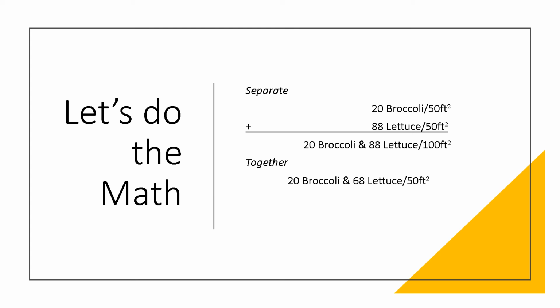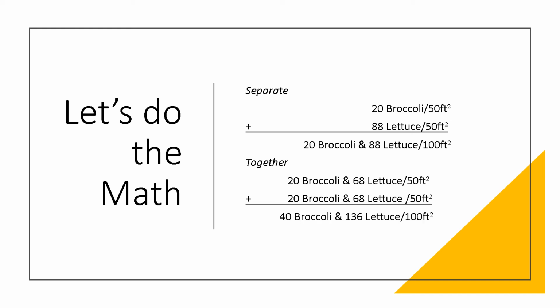So notice our lettuce yield is reduced, but we have dropped the amount of space we've used in half. So let's assume we could do a second bed of 20 broccoli and 68 lettuce. Just like we had two beds up top, we'll have two beds in the interplant. And now if everything goes well, we'll have 40 broccoli and 136 lettuce for every 100 square feet.